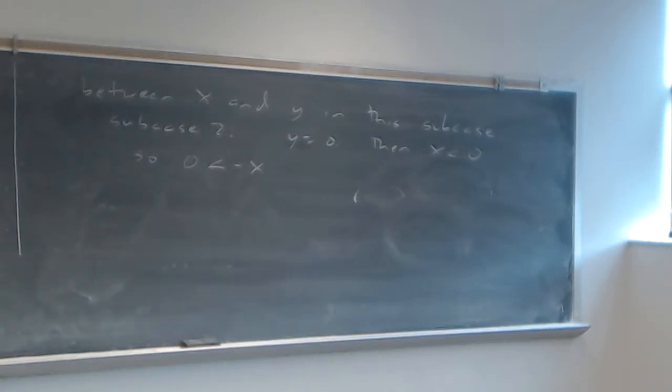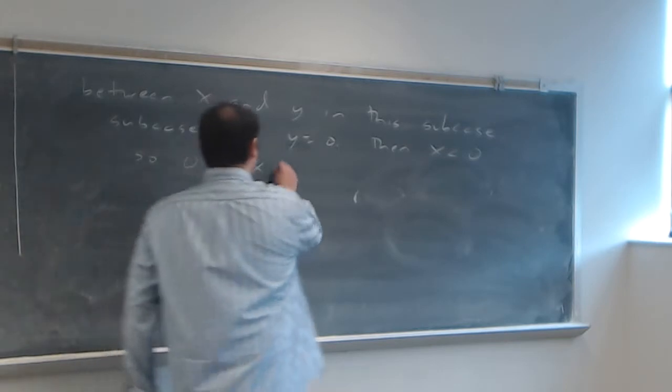Now, what I want you to recognize is this is essentially case 2. In here, we have one number 0, the other number is bigger than it. Can I fit a rational number in between 0 and minus x? Yes, by case 2. Not subcase 2.